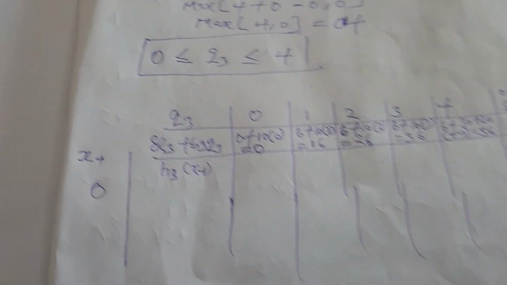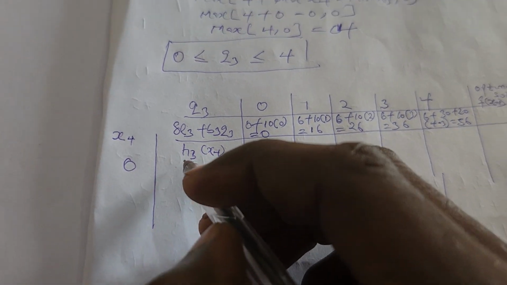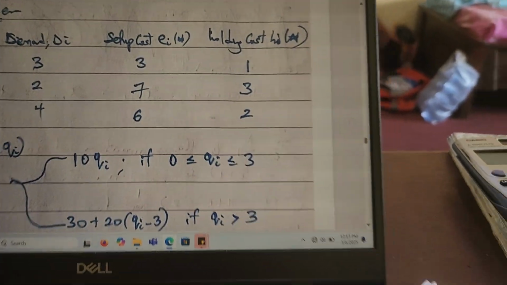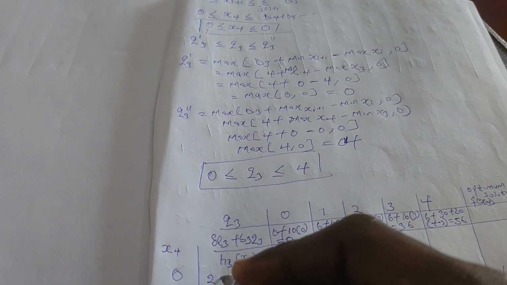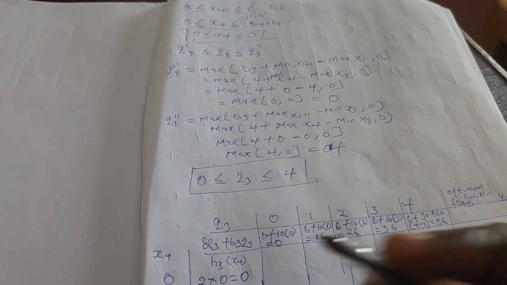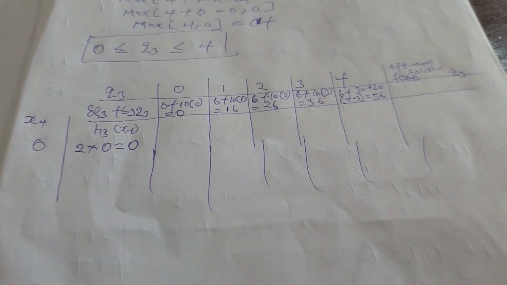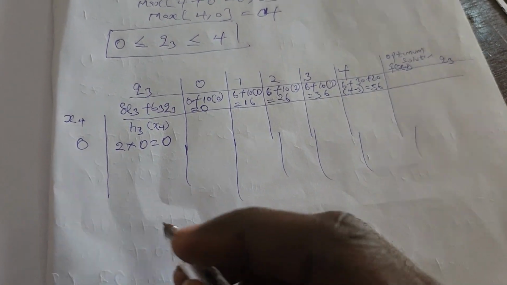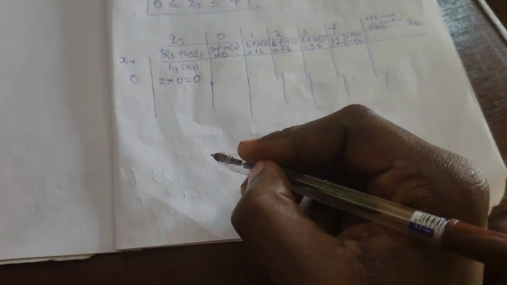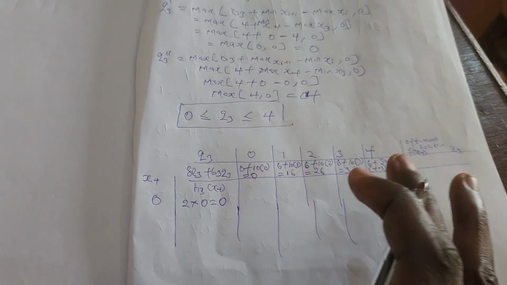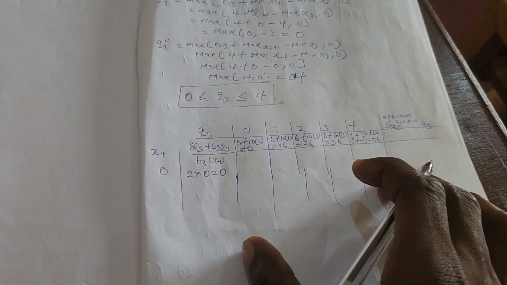So let's proceed to this. Our holding cost in our question for period 3 is 2. That will be 2 multiplied by 0, which is 0. So let's populate this, and let's not forget to always draw a schematic diagram by the time we want to populate this table.